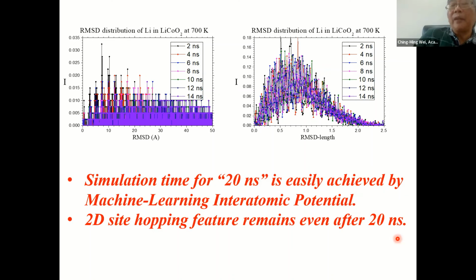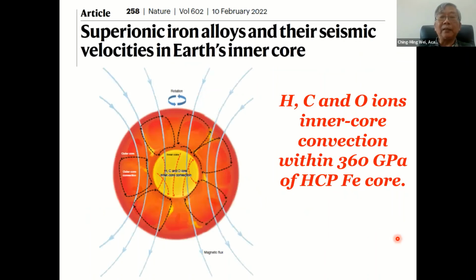Of course, one may ask how powerful this kind of machine learning approach is. Before I conclude my talk, I will show you one case. This is the superionic core in our Earth.